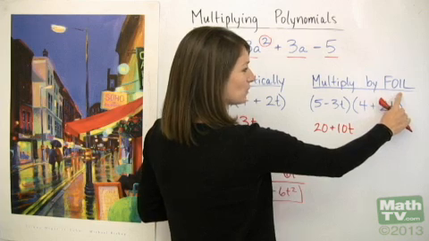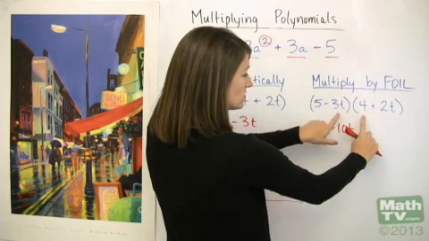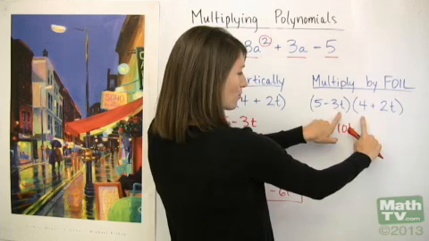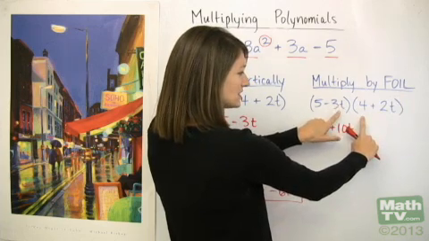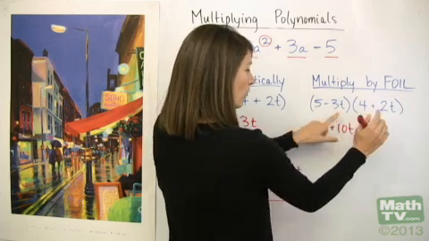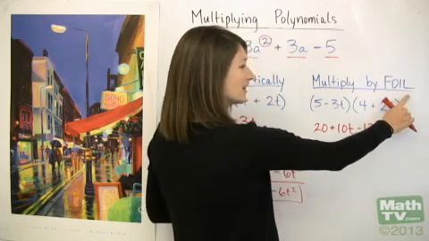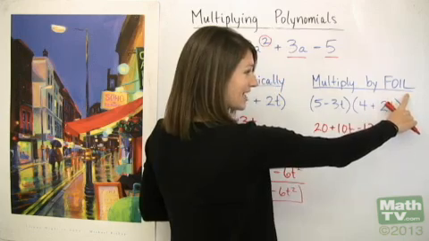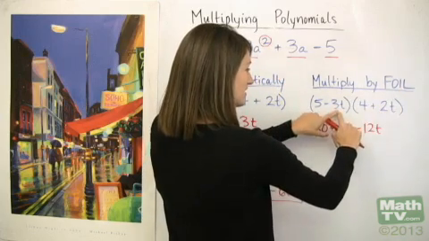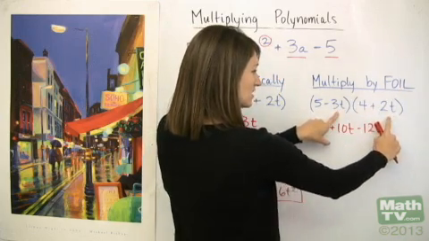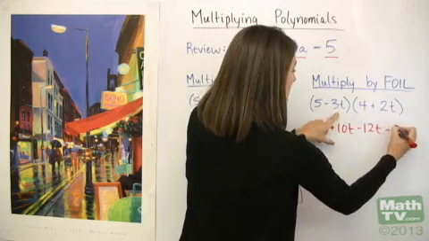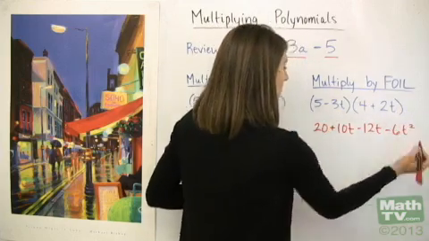Then we have I, which stands for inside, which are these 2 terms on the inside of our product here. Negative 3t times 4, which is negative 12t. And then last is our last. So we have the negative 3t times 2t, which gives us negative 6t squared.